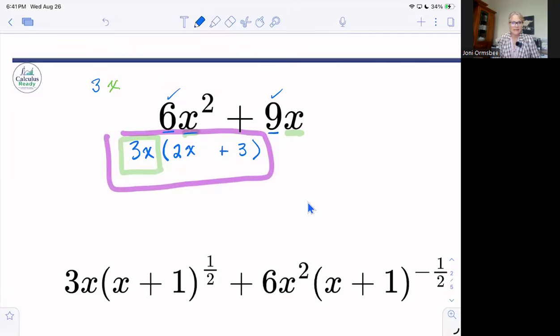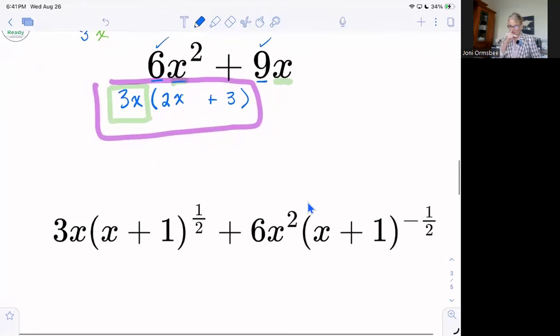Now let's take that idea, and what we often do in calculus is we take a simpler problem and we take what we learned from that simpler problem, and we extend it or extrapolate it into the more complex problem. So let's take a look at this one. Well, this one is somewhat similar. There's a 3x squared here, and there's a 3x on the outside, but we have an extra factor of x plus 1 as well.